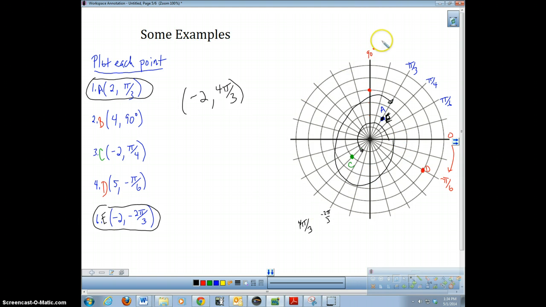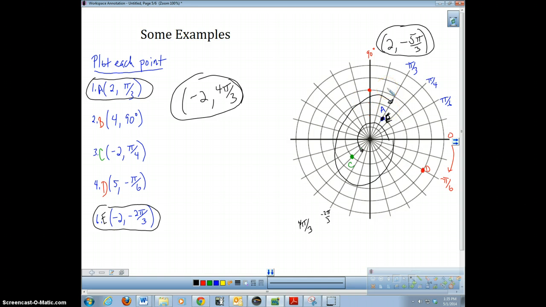So that would be positive 2 and negative 5 pi over 3. So there are four principal ways of writing one point in polar coordinates. I encourage you to make up your own examples and just plot points.